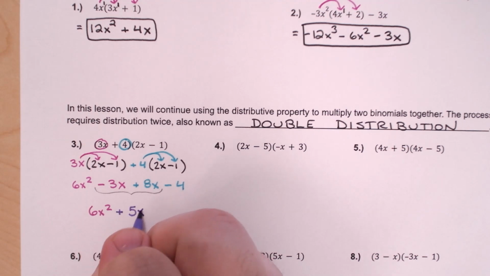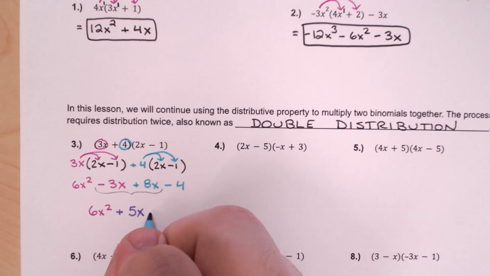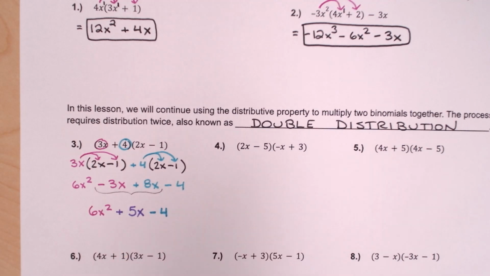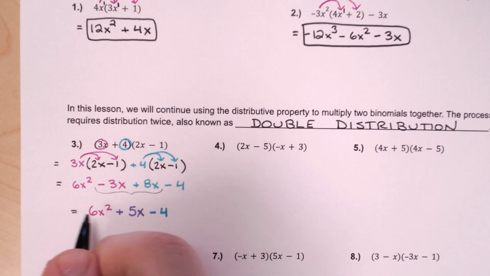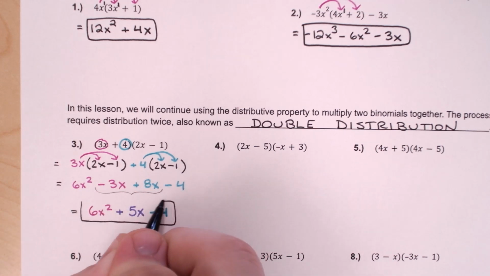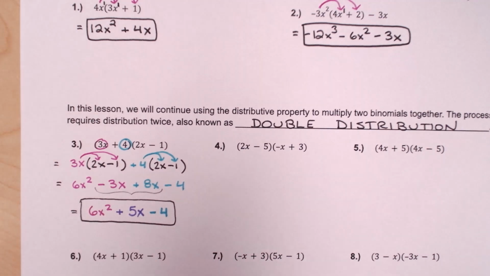And that constant negative 4 also doesn't have anybody to combine with. So your answer is 6x squared plus 5x minus 4.